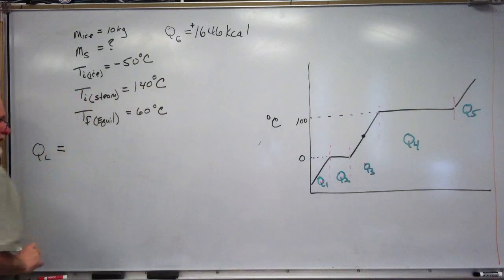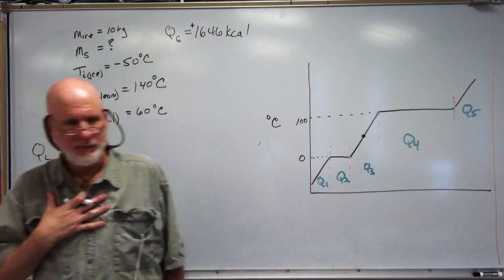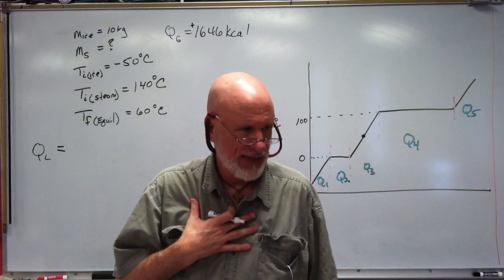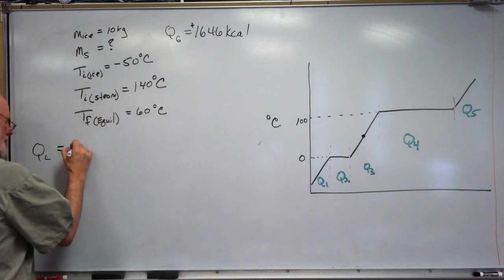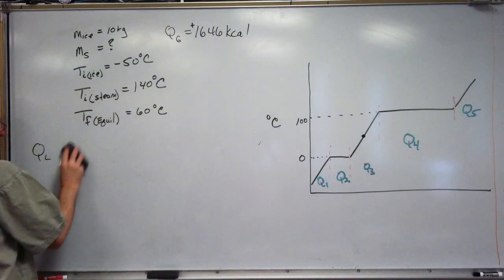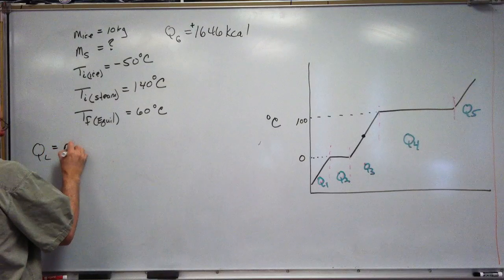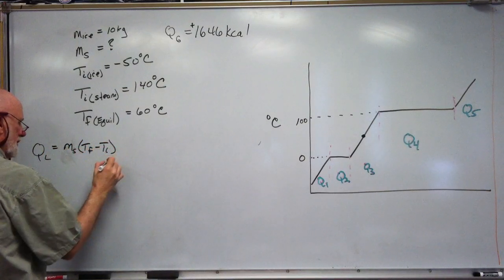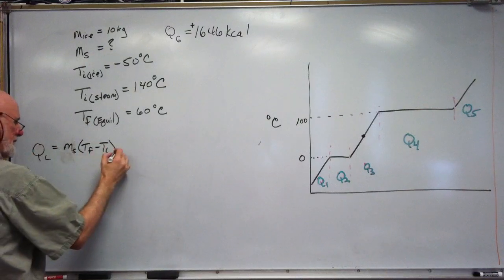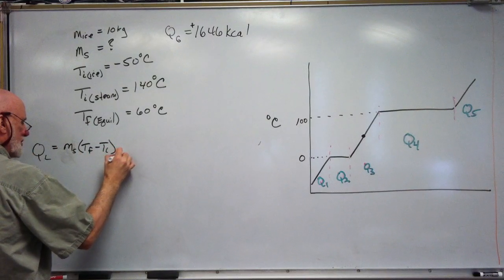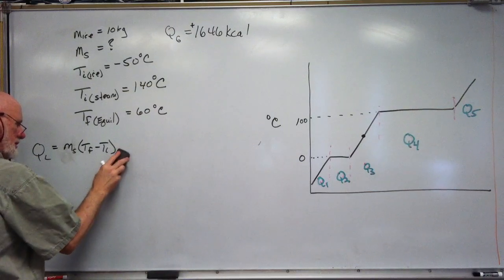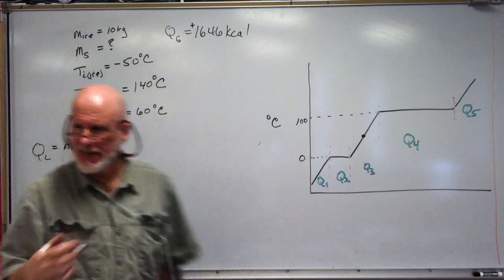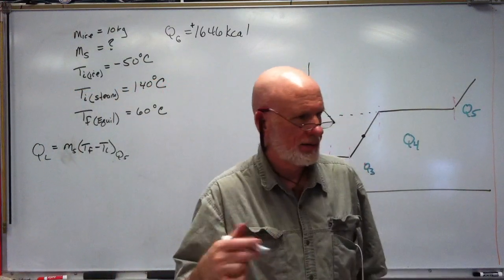All right, you ready? I like to start with Q5 because that's the path it's taking. It's starting with Q5. So it's going to be M steam, T final minus T initial, and it's Q5. I didn't put that for Q gained, but I like that.